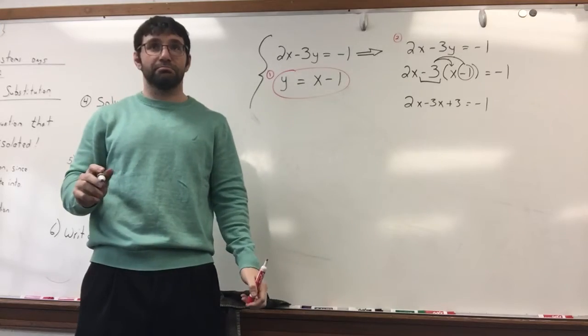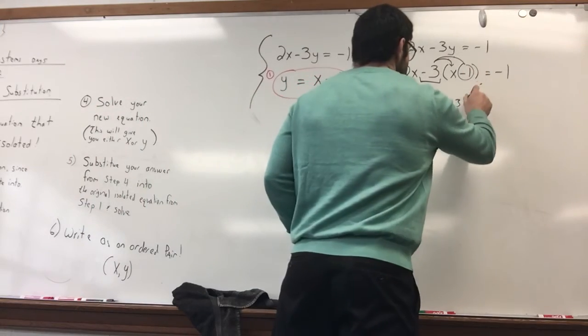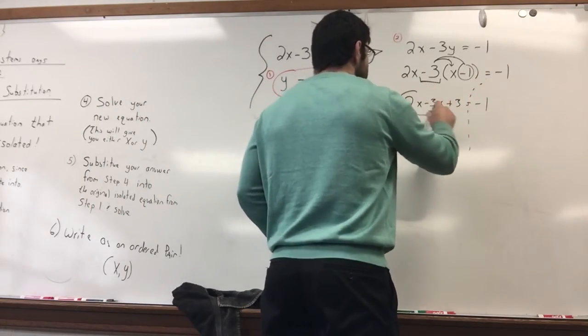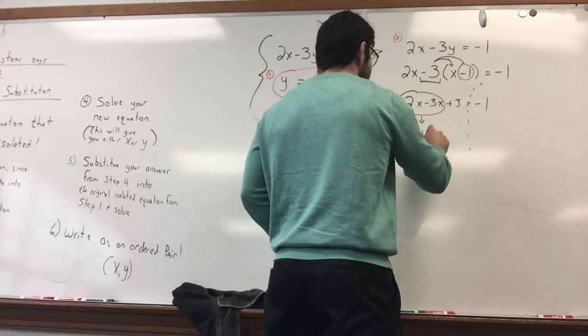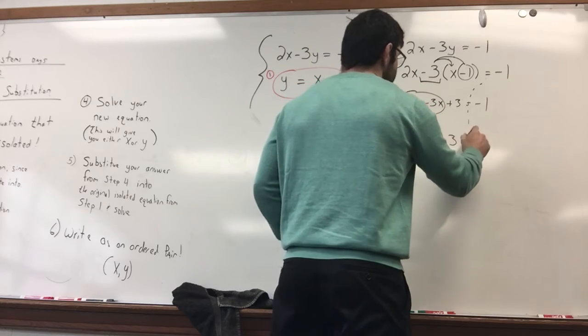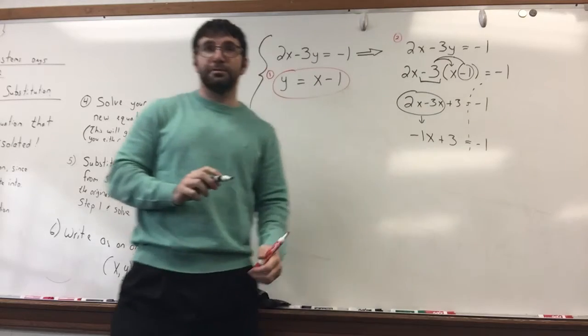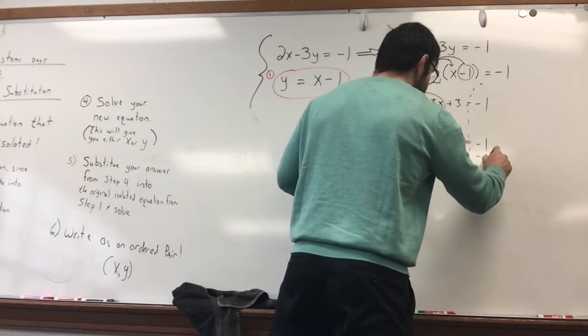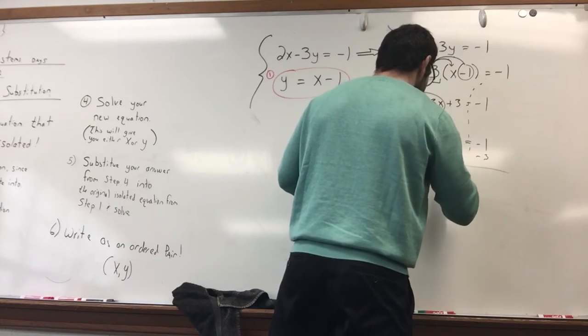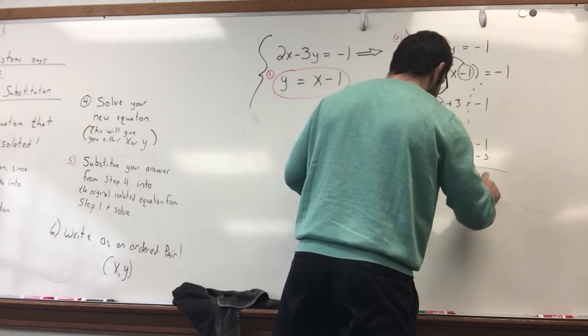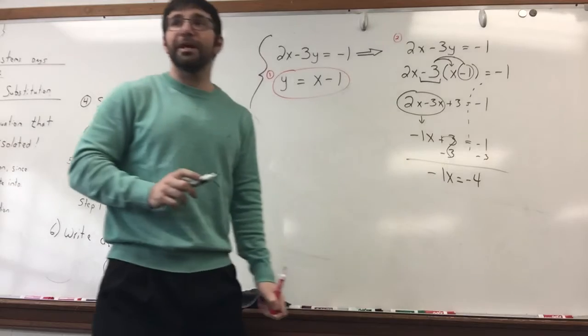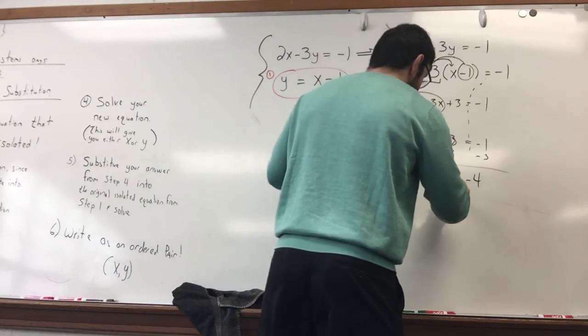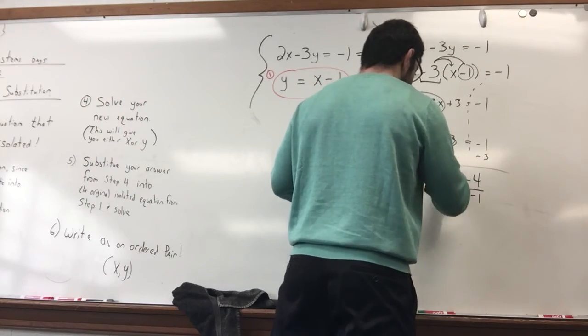Still with me here? 2x minus 3x is negative 1x plus 3 equals negative 1. Subtract 3 from both sides. That leaves me with negative 1x equals negative 4. From there, I need to divide by negative 1.